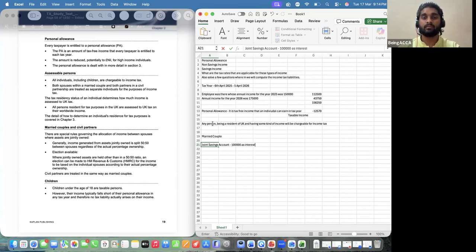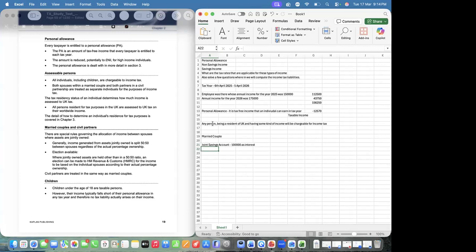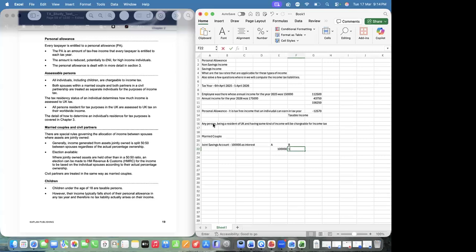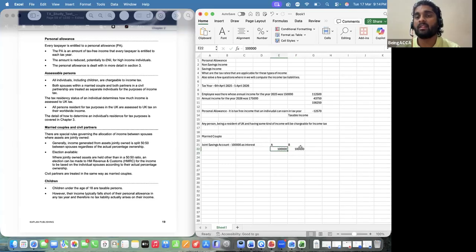So this interest is an income for the couple. Let's assume the couple are A and B. Do you think for both of them we have to take 100,000? No. Why not? Because it will lead to double taxation.